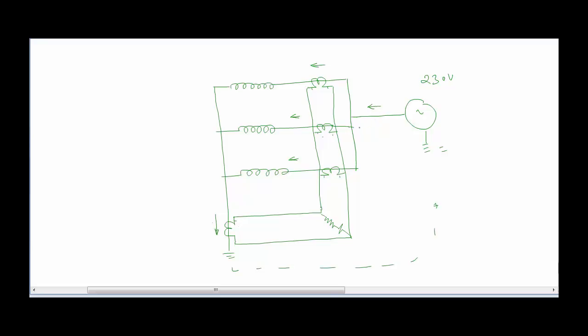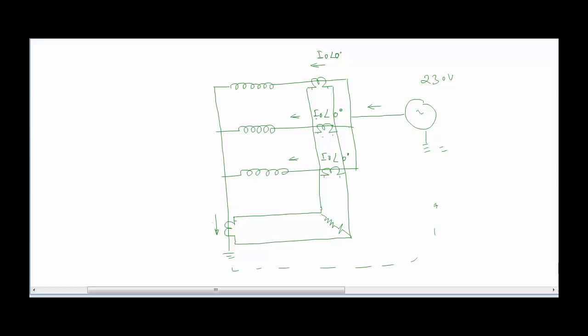So this is also known as zero sequence stability. So let us suppose that this is drawing a current whose magnitude is I0. It's obvious that its angle is 0 degrees. Here also it is going to be I0 at an angle of 0 degrees, because the source is a single phase supply, and here also it is I0 at an angle of 0 degrees.